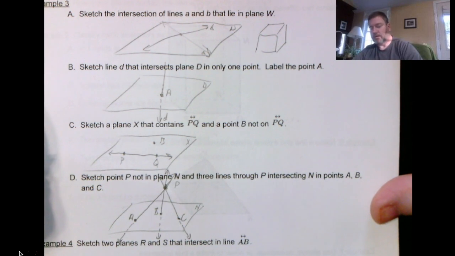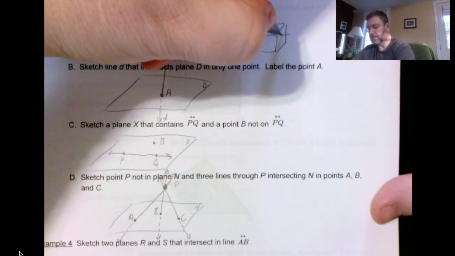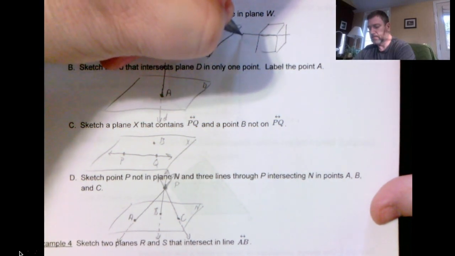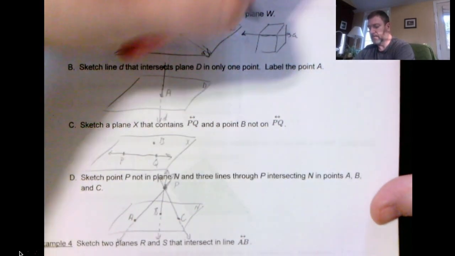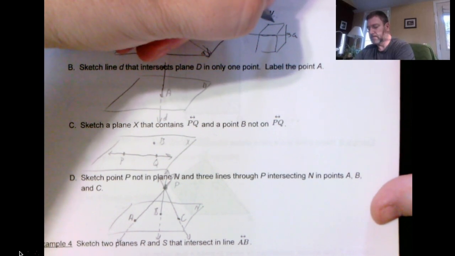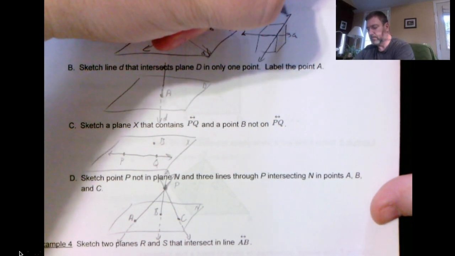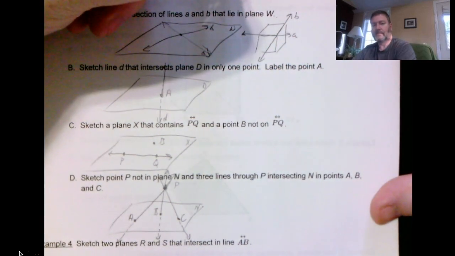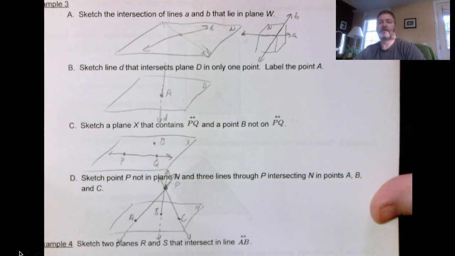So if I draw a cube, and if I draw this is line A, and this, let's do this one, is line B, then this top part of the cube is plane W. And this is a way of sketching 2 lines intersecting in plane W.